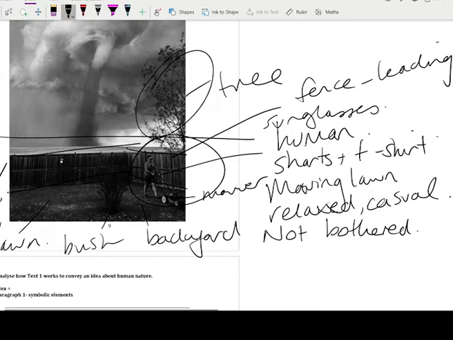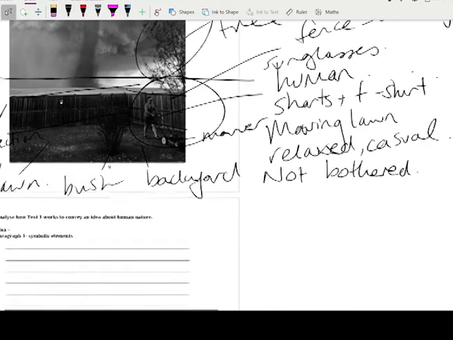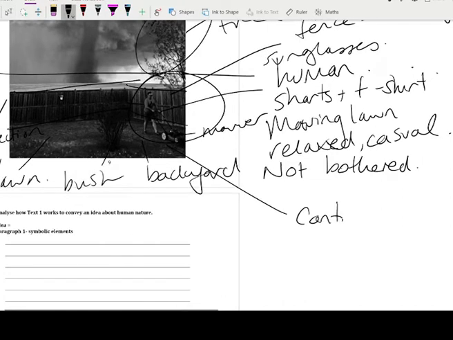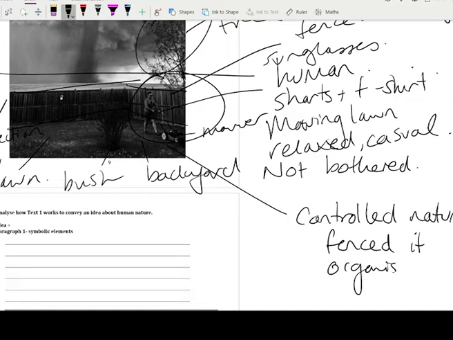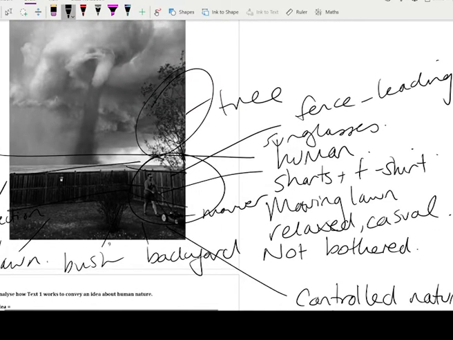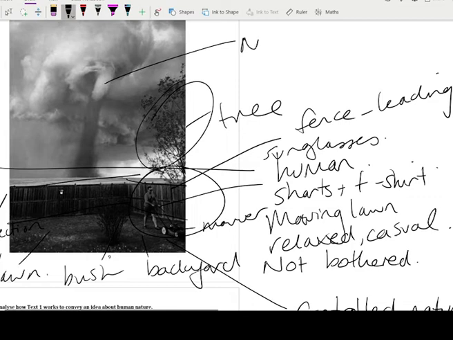This section is the human domain. This is where we've controlled nature, we've fenced it, we've organised it, and we're even trimming it. From the fence up, nature's doing whatever it wants.